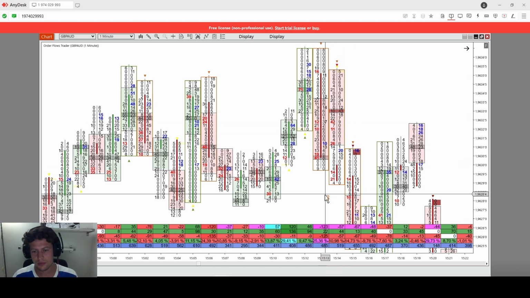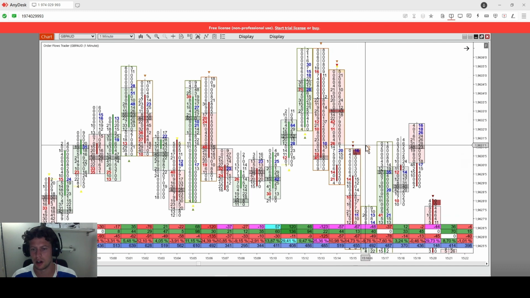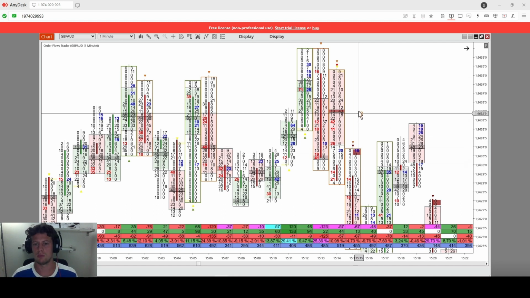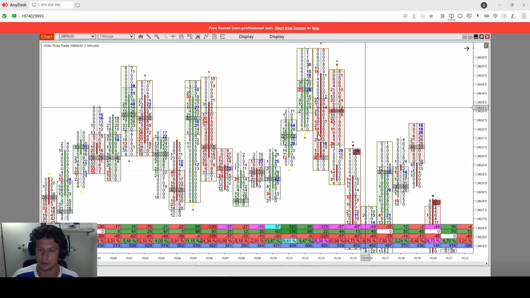But you don't really know. This is a bonus, zero prints. I personally really don't use it. It's only another extra confirmation that it could go even lower. But this is the main thing.